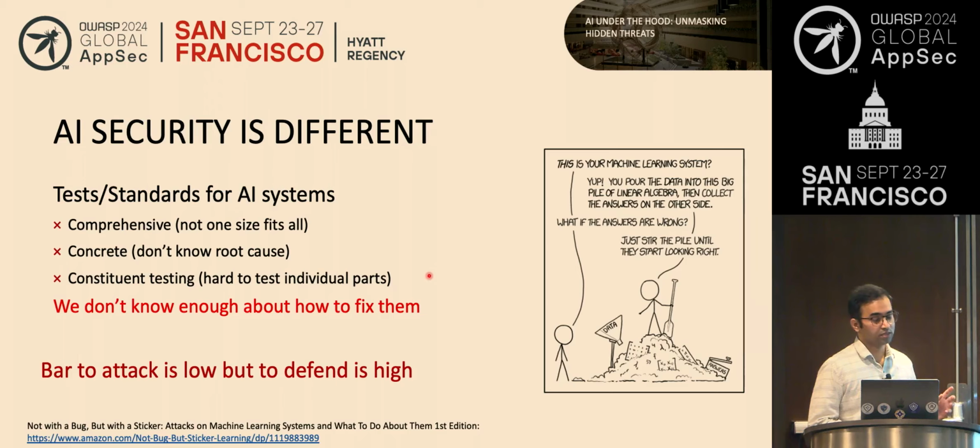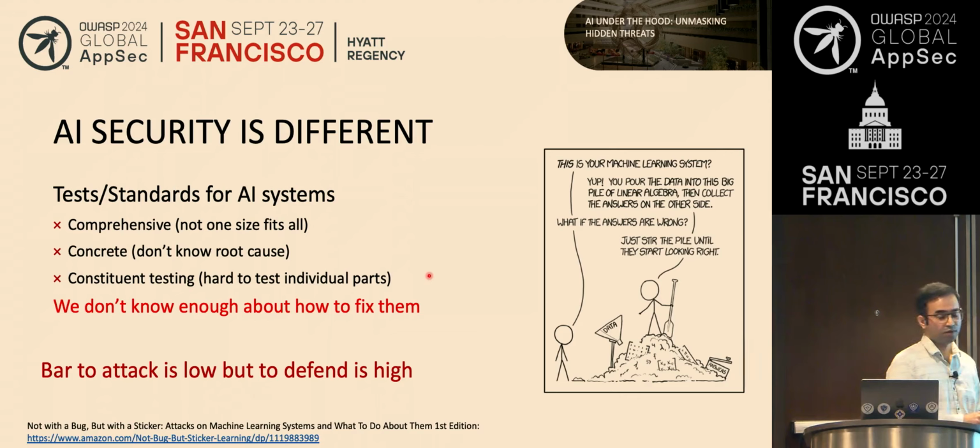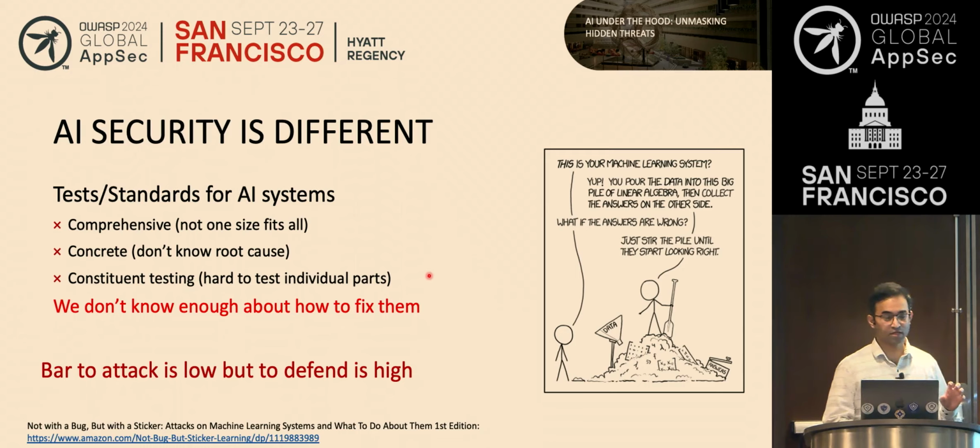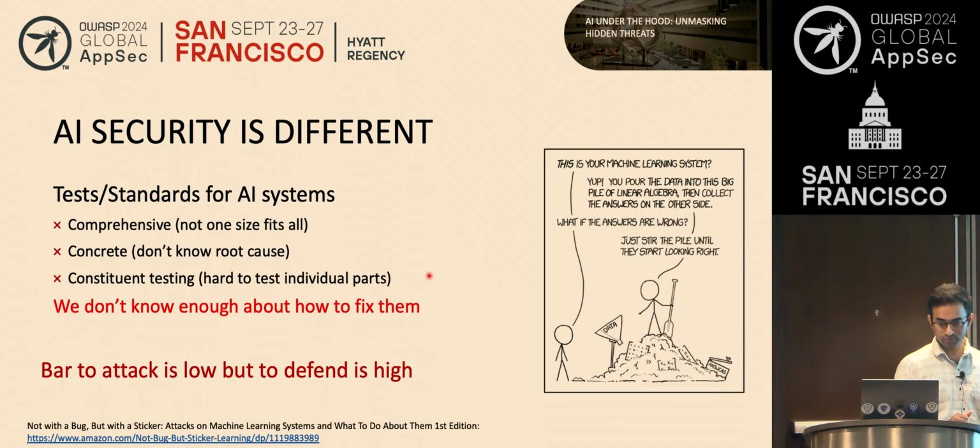The third one is that the tests or standards lack constituent testing. It's quite challenging to test an individual part of an AI system. Most often, testing takes place at an abstract or system level.